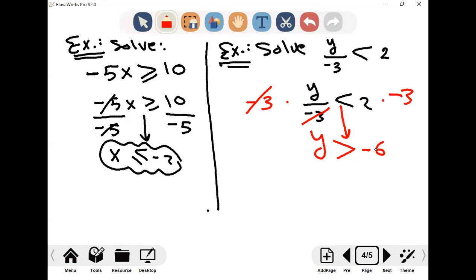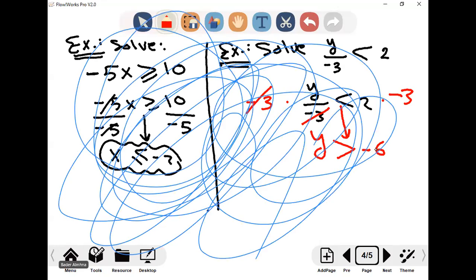So the first step when you are going to solve a multiplication or division inequality, the first thing you need to look at is the coefficient. Is it positive or negative? Positive, do the same normal. Don't change, don't do anything, just do your steps normally. Negative, switch.